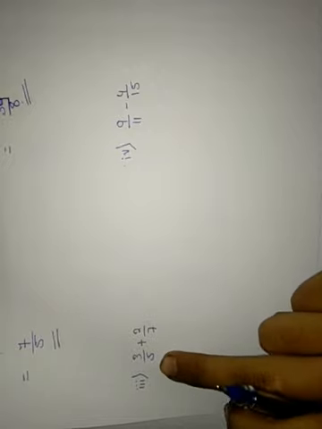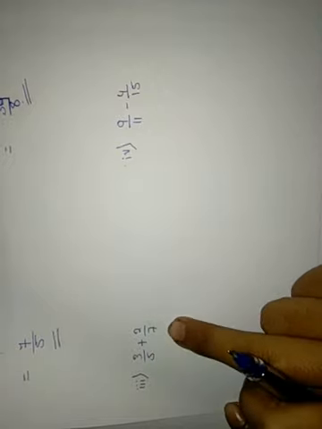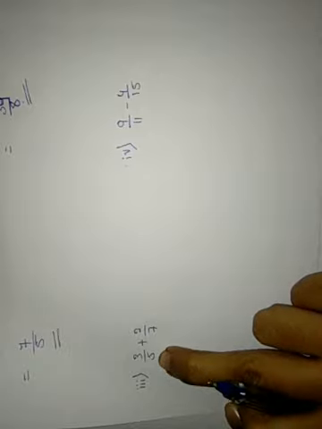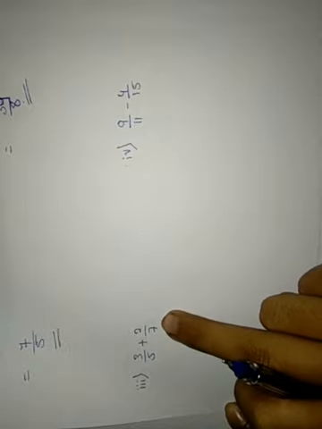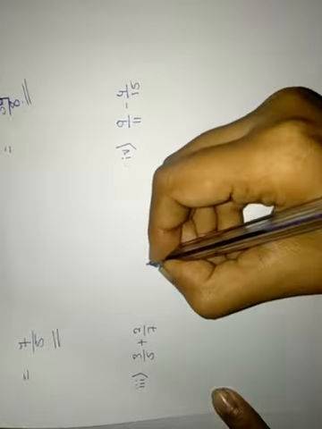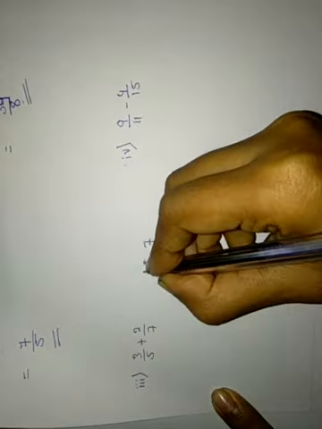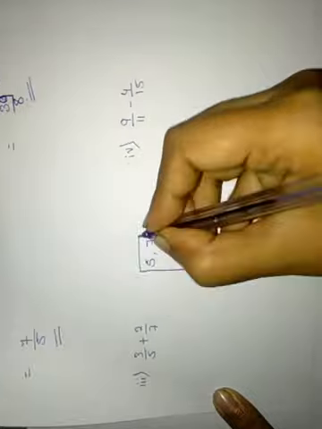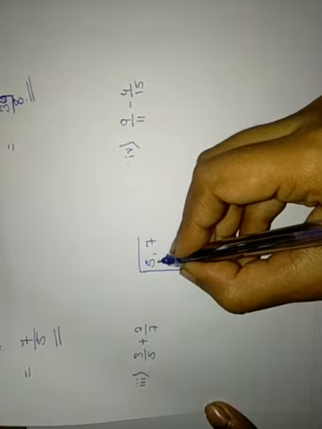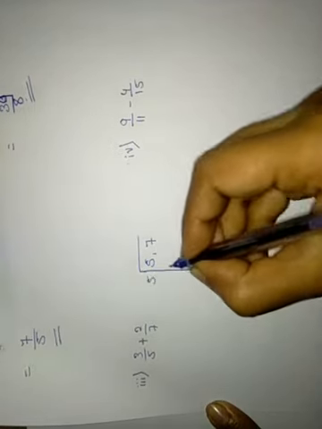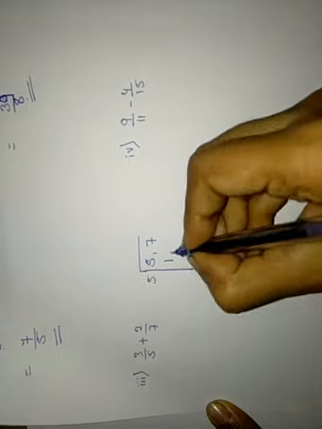Third one, 3 by 5 plus 2 by 7. Here the denominator values are given for both the fractions, so we'll take LCM separately. 5 comma 7. 5 will simplify under the 5 table only, that is 5 ones are 5.